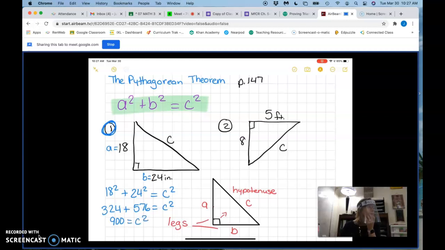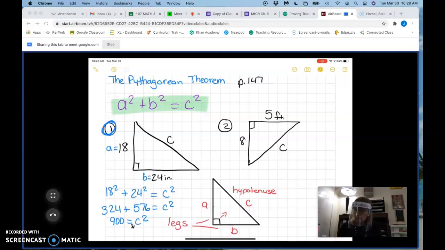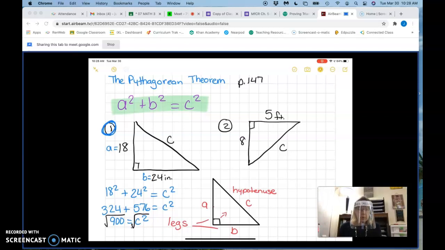And what's my last step? What's the last step? Okay, so I'm going to use the radical sign to take the square root of both sides, and that's going to cancel out the little exponent on my variable.